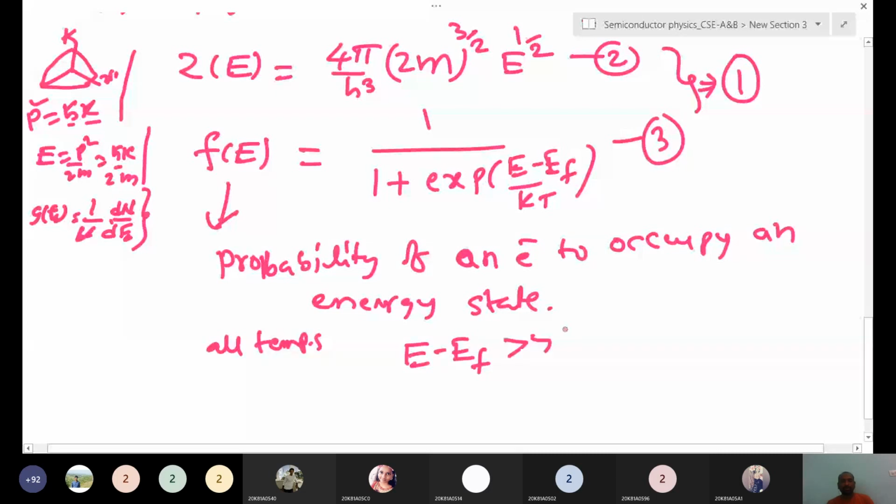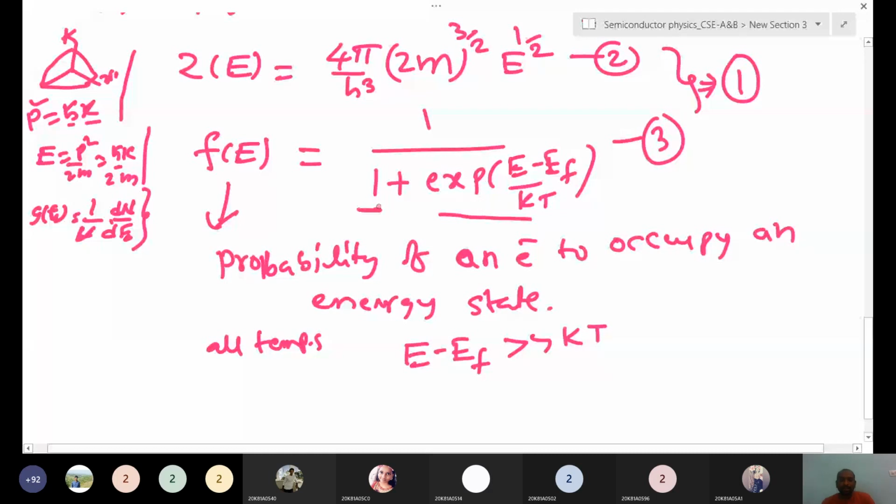In that case you can neglect the 1, because the exponential term is always higher than the first term, which is 1.